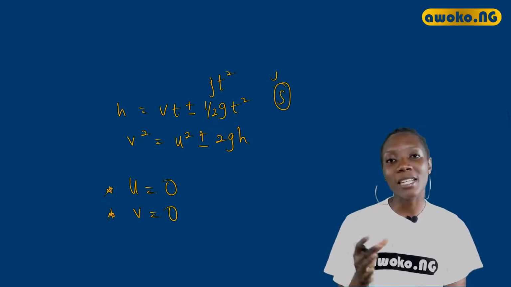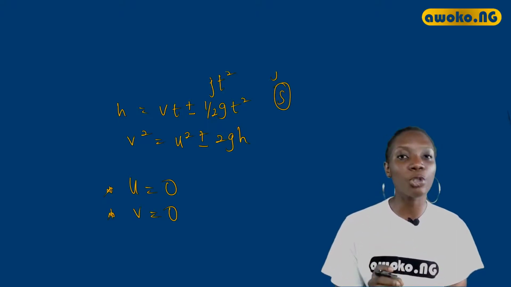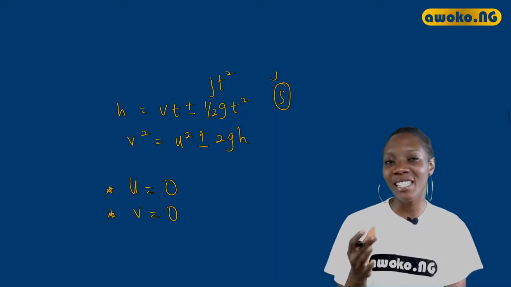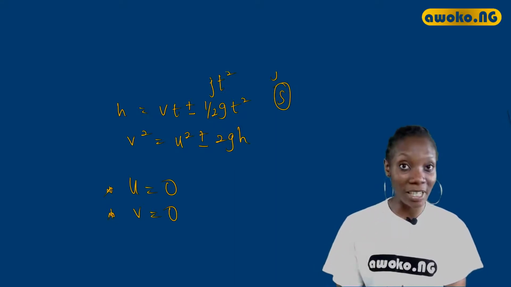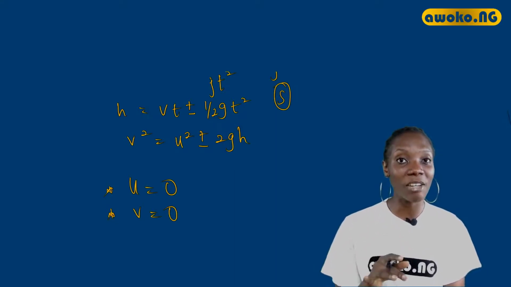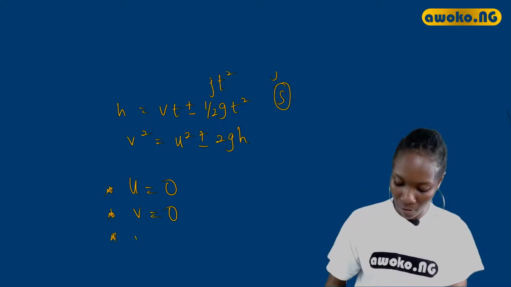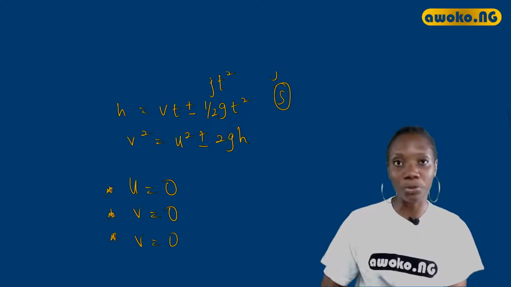Now, another case is if a problem requires you to find the total distance covered in a certain journey which is decelerating, take note of that condition, decelerating, then you must set the final velocity v equal to 0.